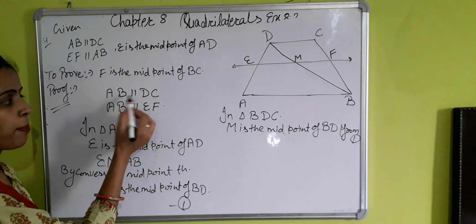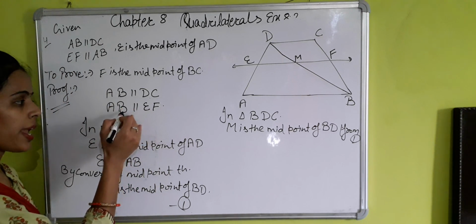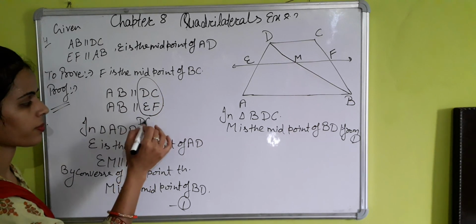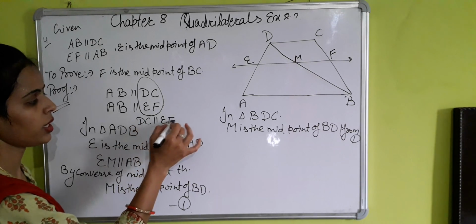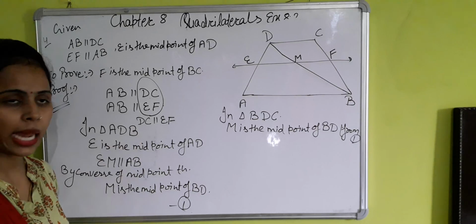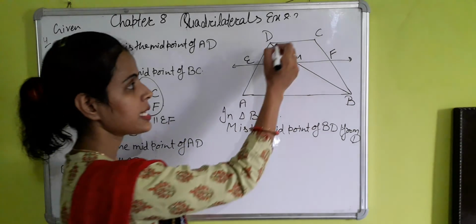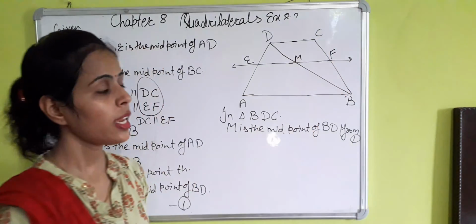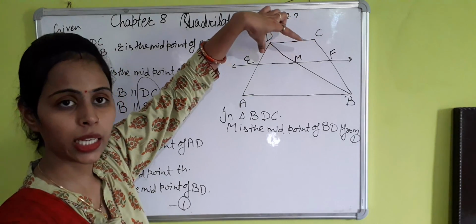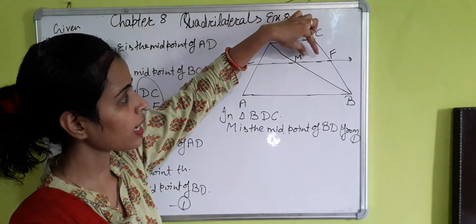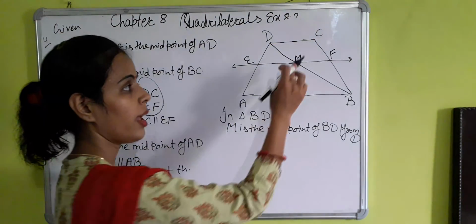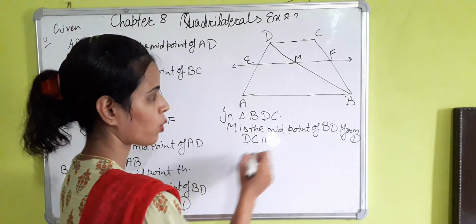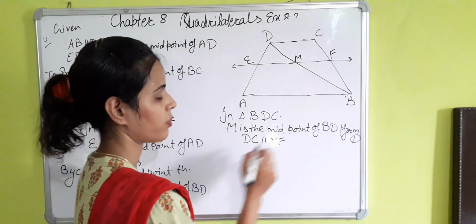This line AB is parallel to DC. AB is also parallel to EF. Then we can say that DC is parallel to EF. If this line DC is parallel to the complete line EF, then DC is also parallel to part of this line EF, MF. This DC is also parallel to MF.